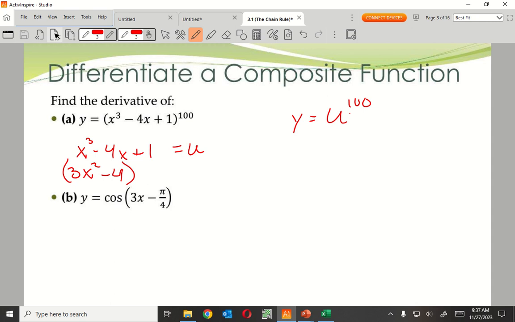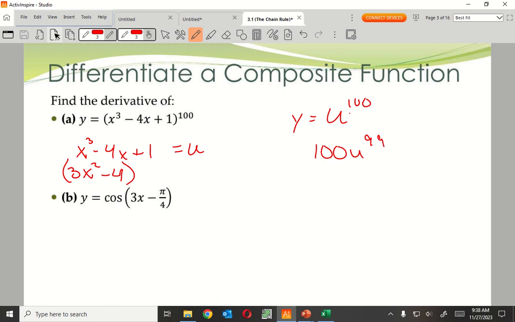By using the u, I'm no longer even concerned with anything that's on the inside. Okay? So, what's the derivative of u to the 100? Very good. So, that would be 100 u to the 99.